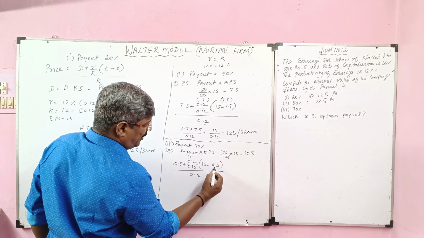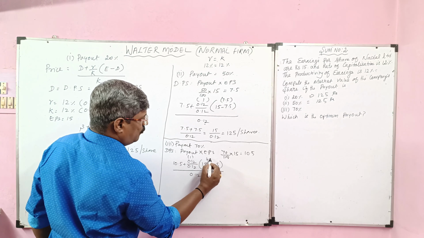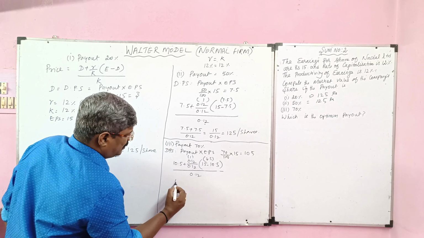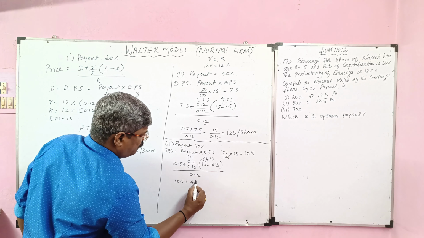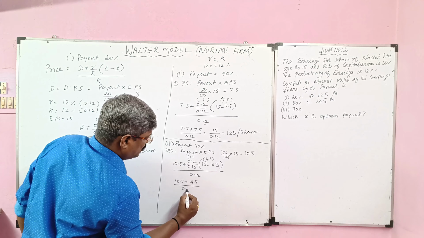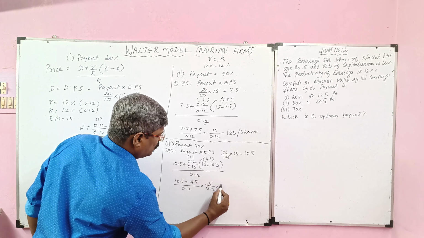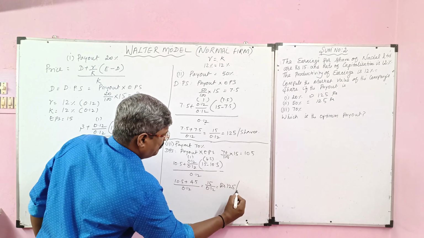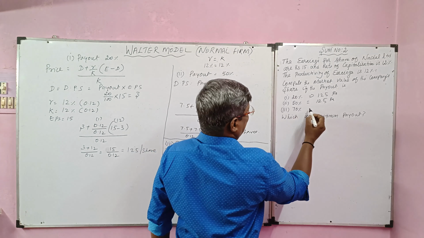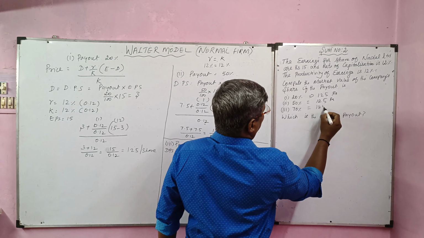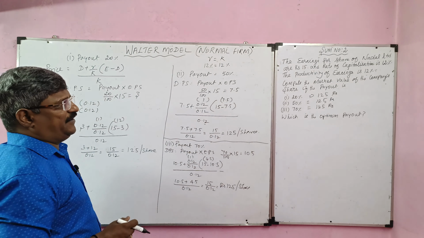Then deduct 10.5 dividend per share from the EPS, we'll get 4.5. 10.5 plus 1 into 4.5, divided by 0.12. So 15 divided by 0.12, rupees 125 per share. When payout ratio is 70%, the market price of equity share is the same, rupees 125.